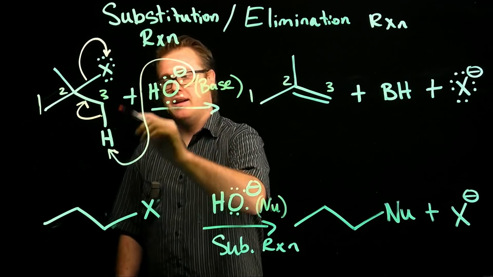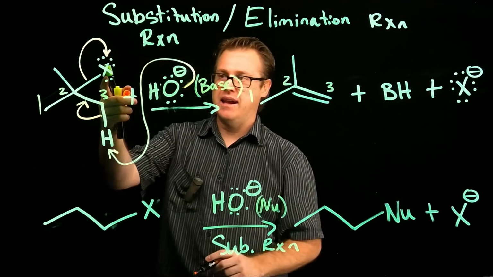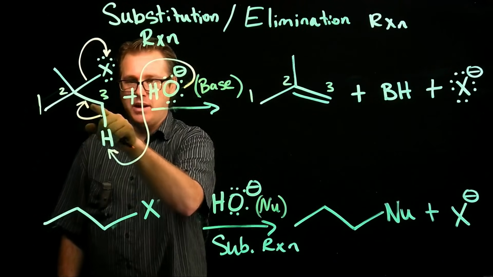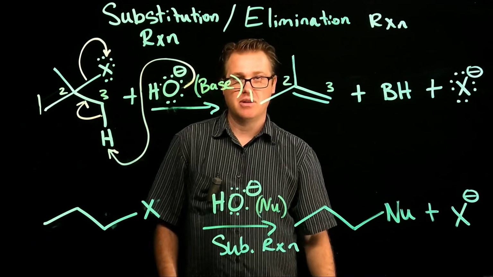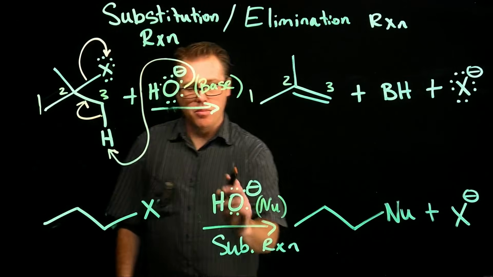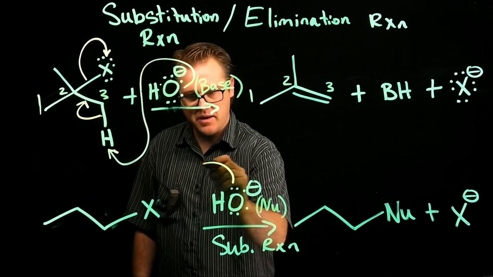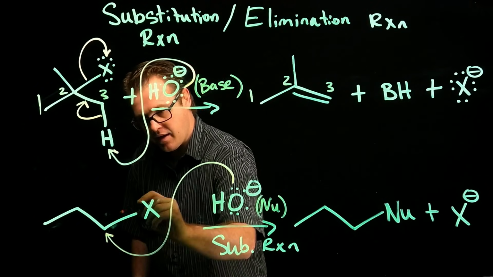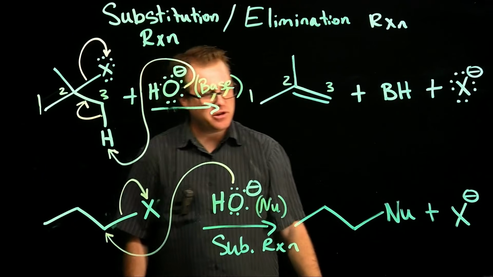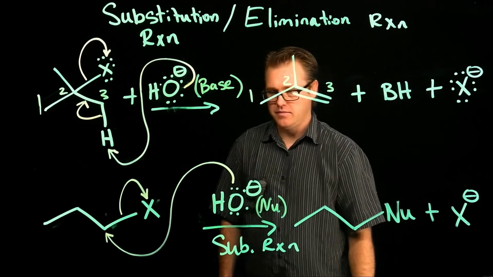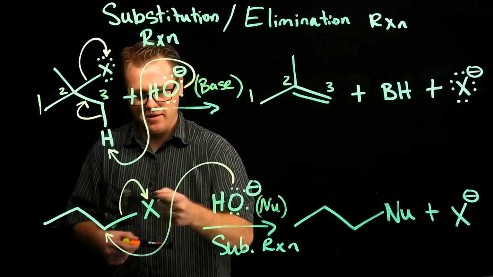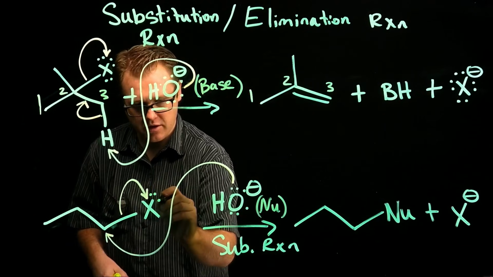The base comes and abstracts a proton and then kicks off the halogen by forming a double bond. That's what a base does. But a nucleophile is one where it comes in and does a substitution reaction. Let's draw in some lone pairs here so we can see the charge.